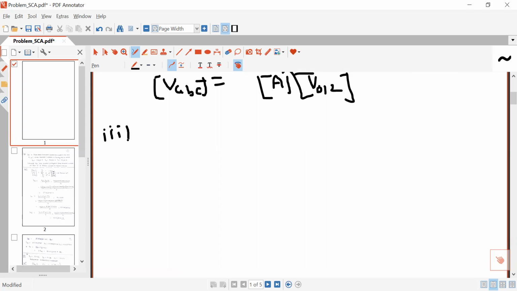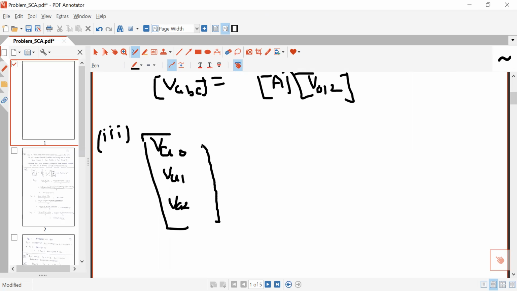Now the analysis equation. You will use the analysis equation when information about the unbalanced phasors is available and you have to determine the sequence components. Then you will have to use this matrix. So you must remember these two matrices, and these two play a vital role in analyzing an unbalanced power system.